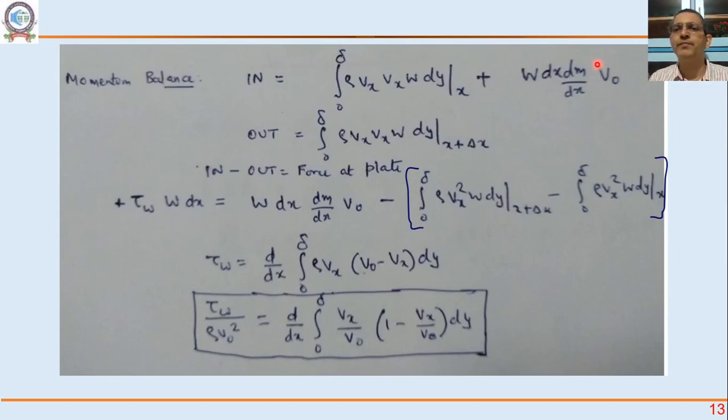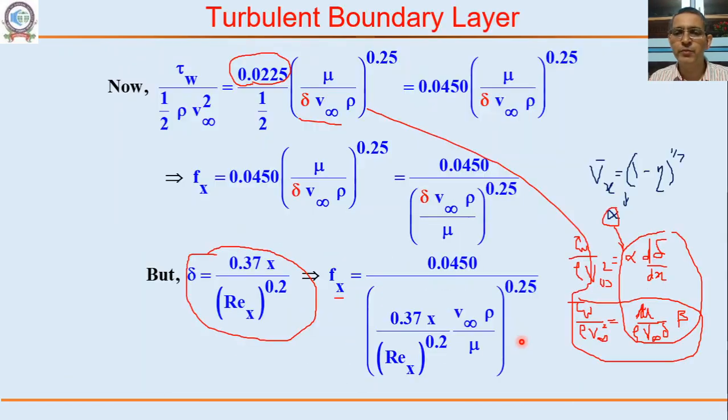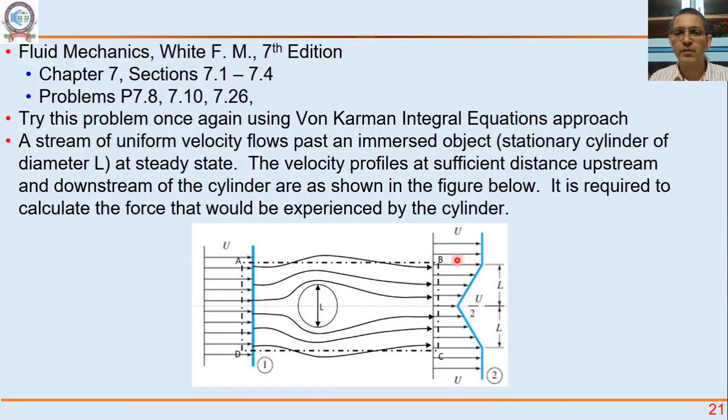That was V naught. In this particular case, it is U. Okay. So momentum in, momentum out. That must be the net force on this object. Do this problem in context of this von Karman integral equation. Okay. And you should be able to get it very easily now.